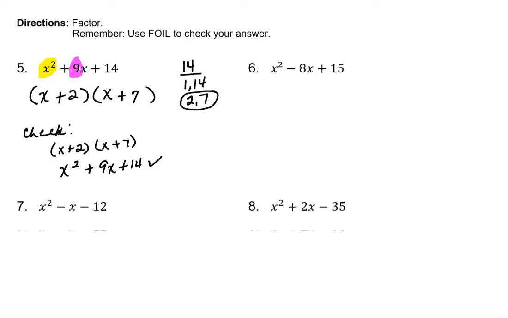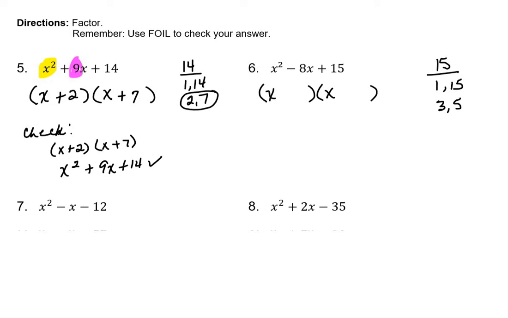Okay, problem 6. Again, this is a simple trinomial because there's not a coefficient in front of this x squared term. There's not 2x squared or 3x squared. It's just x squared. So it's a simple trinomial. So I know that this can be factored into something that looks like this. So here I'm looking for factor pairs of 15, 1 and 15, 3 and 5.